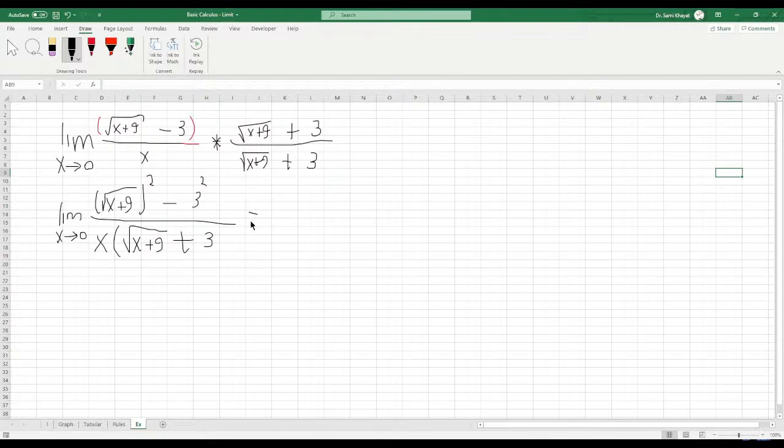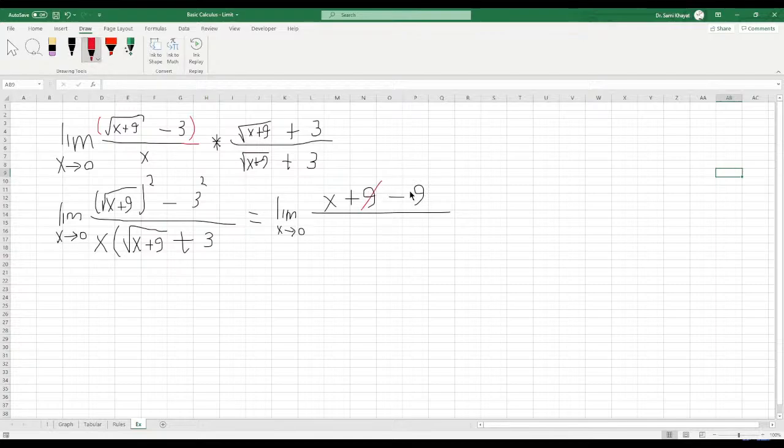Okay, let's open it. This is the limit of x approaching 0. Now, up, what we have, this square, it will be x plus 9 minus 9.